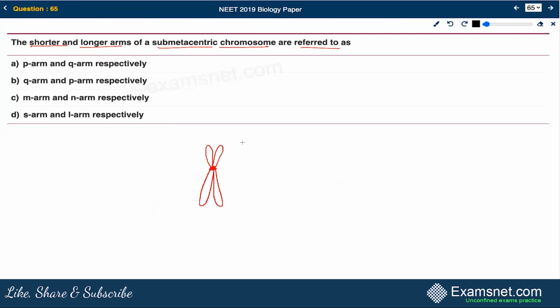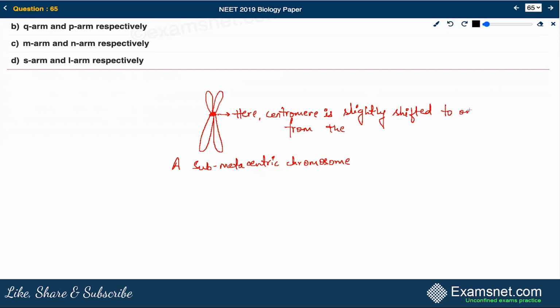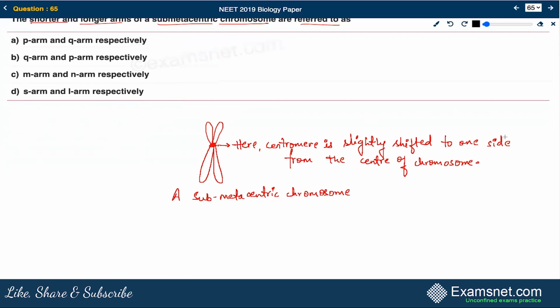So this is an example of a submetacentric chromosome, where the centromere is slightly shifted from the center, or slightly shifted to one side, you can say, of the chromosome. All right, so this is the submetacentric chromosome.